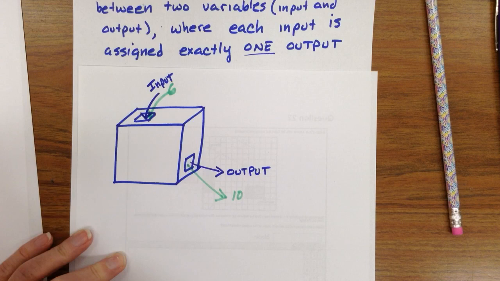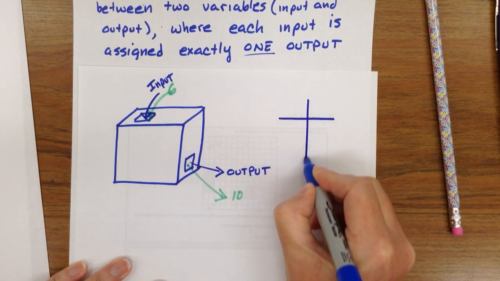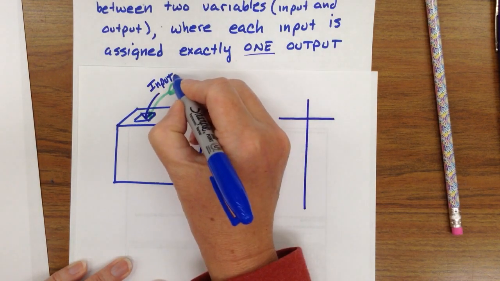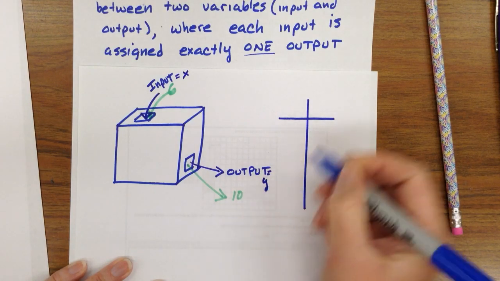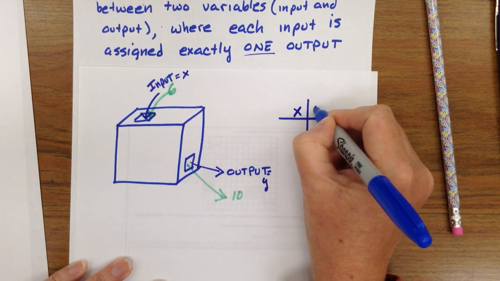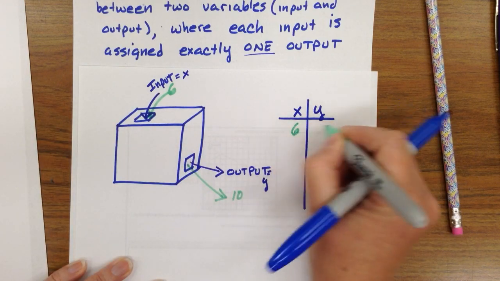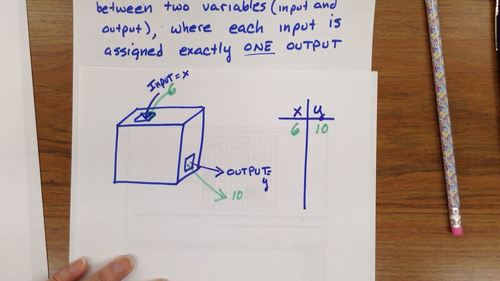Now, in order to represent this, we often will call the input variable the x's and the output the y's. And I could make a little table. I put 6 in and out came 10. Now here's the key.